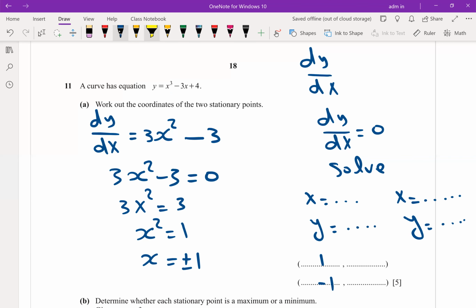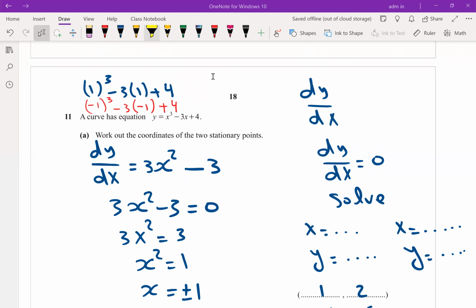How to show which is minimum, which is maximum? Student question: Can it start with x power 4 minus 3x power 3?